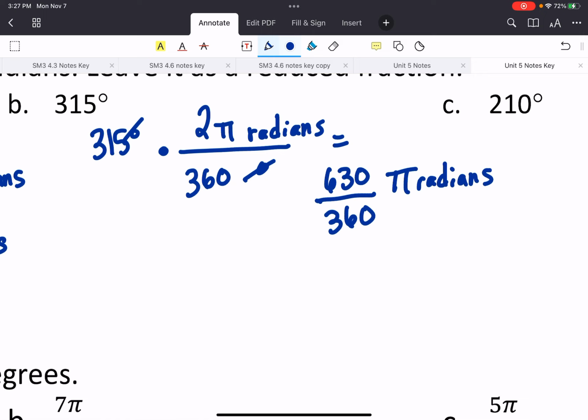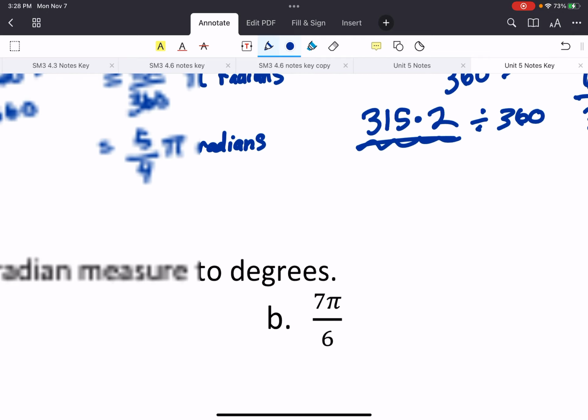Put that in your calculator. You do 315 times 2 divided by 360. And then you can reduce that.